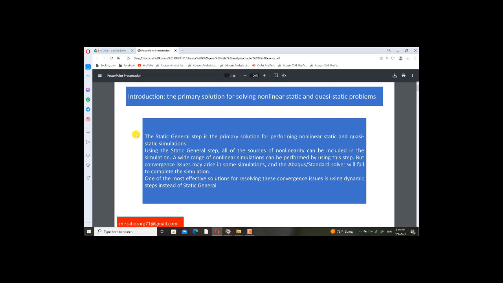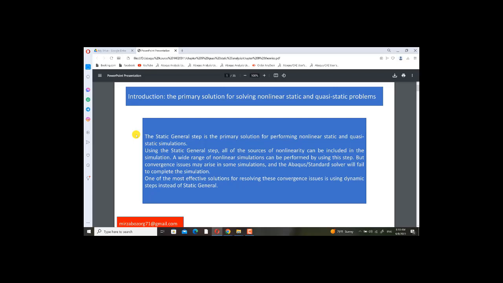The static general step is the primary solution for performing nonlinear static and quasi-static simulations. Also in the previous chapters, for example in Chapter 6, when I simulated the tensile test, I used a static general step for doing nonlinear analysis.